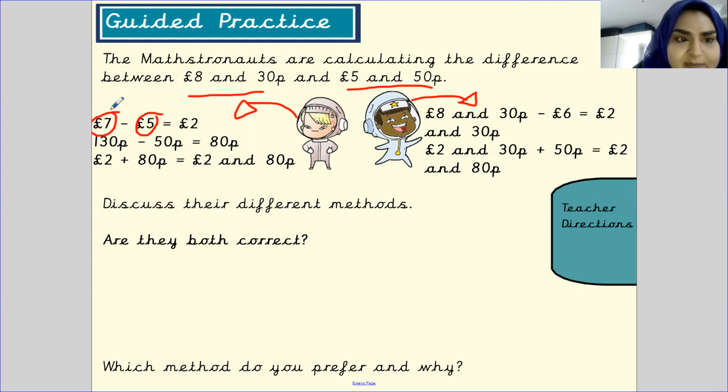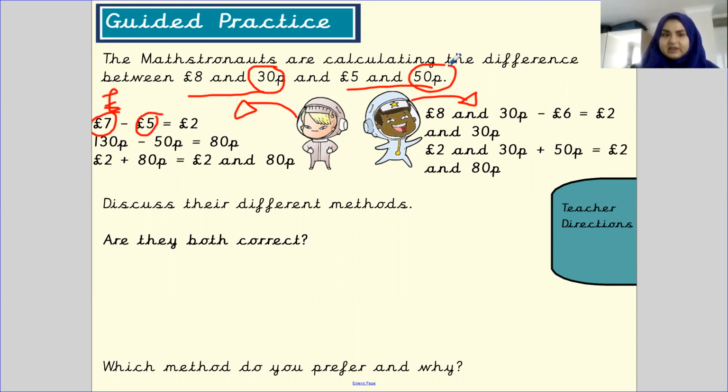And the reason he kept £1 separate was because he needed to make 30p a bigger number to take it away from 50, because you can't do 30 take away 50, because 50 is a bigger number than 30. So he had to leave a £1 extra to turn it into 100 pennies.